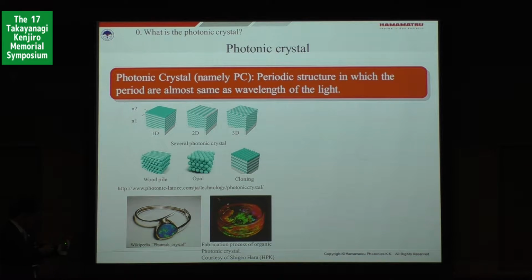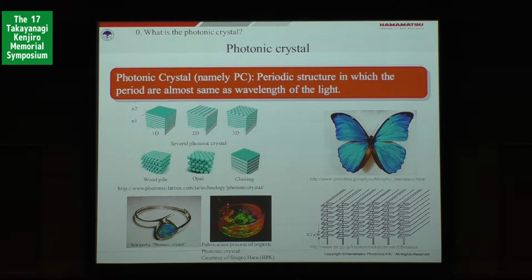And in my talk, I will introduce the two-dimensional crystals, but photonic crystals are seen in various forms. These are examples: the opal, and this is the fabrication process of organic photonic crystals. Very beautiful colors are seen.